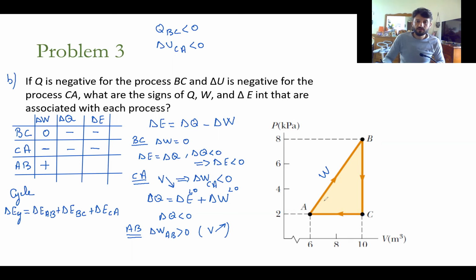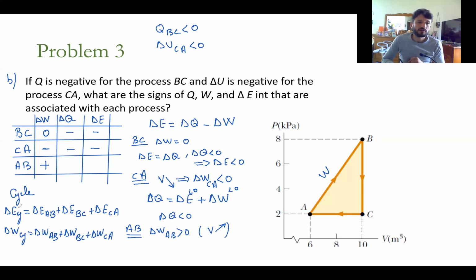And also delta omega of one cycle equals delta omega AB plus delta omega BC plus delta omega CA.